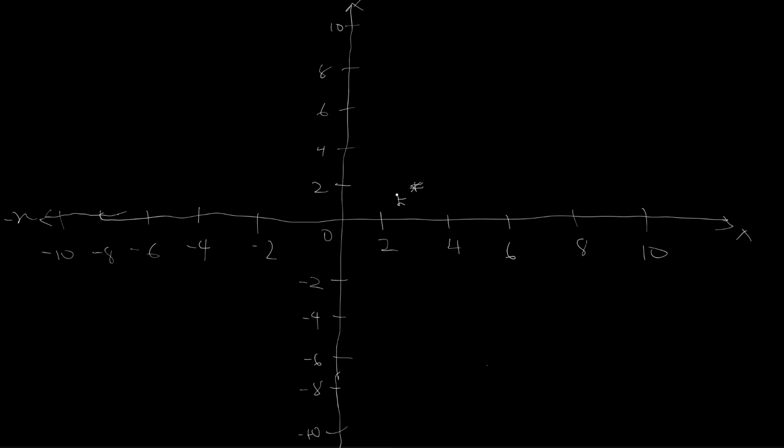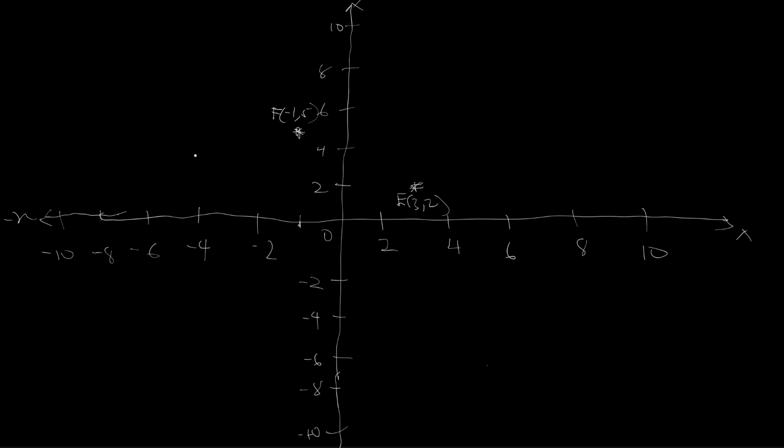So E (3, 2) should be here. Our F is (-1, 5). Negative 1 should be here and 5 should be here. So our F should be (-1, 5).